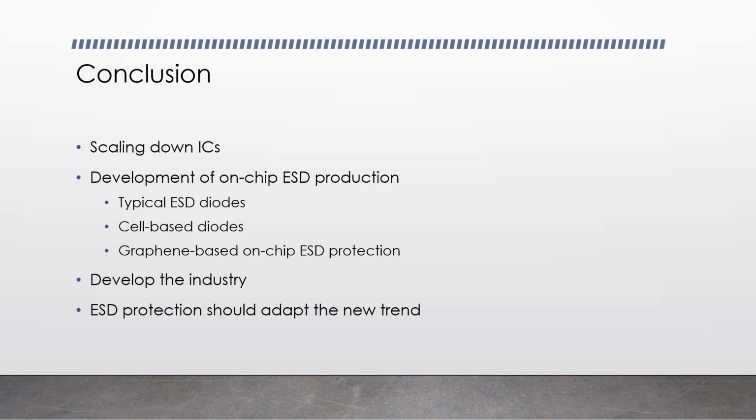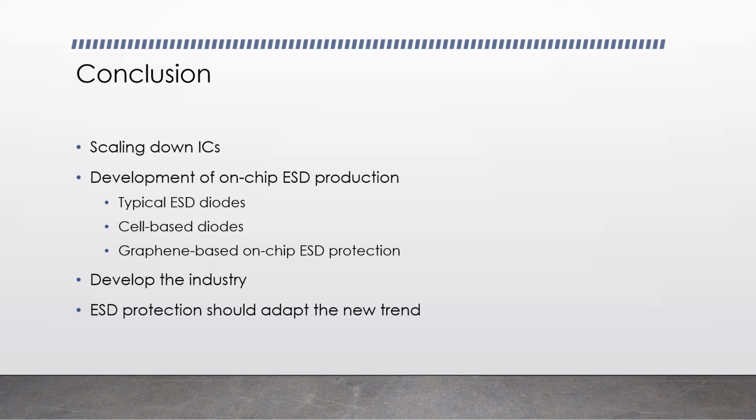The improvement of using cell-based diodes is a good idea to increase the ESD protection level by reducing the thermal interactions between diodes. The performance of this method is better than that of the typical one, and the required area of the diode is also smaller.